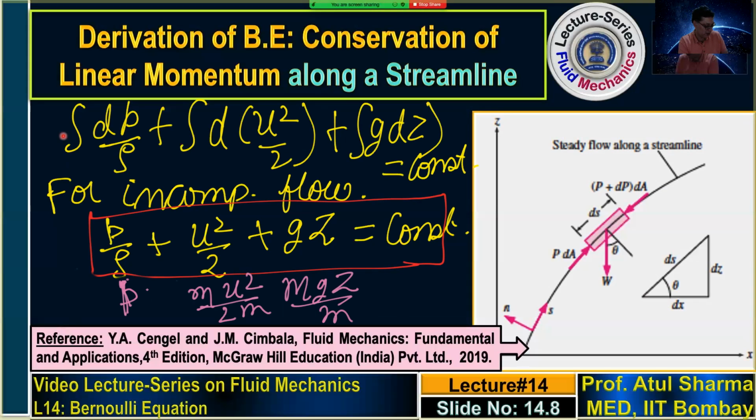This basically comes out as p dV, because when you divide by mass, it is pressure divided by density into mass, which is pdV divided by mass. Basically, P by rho is pressure into volume divided by mass. So PdV is called flow work.